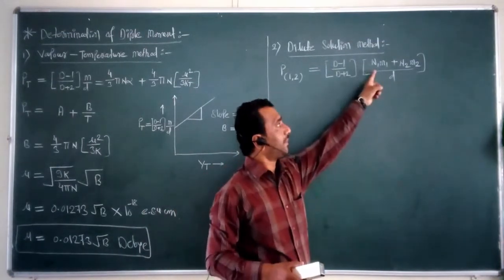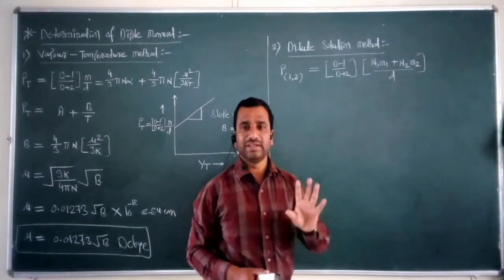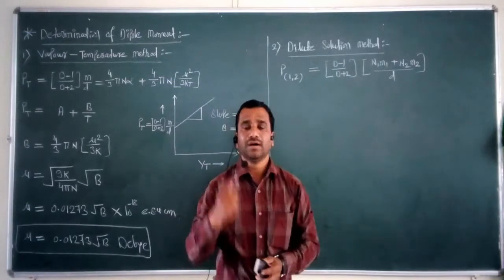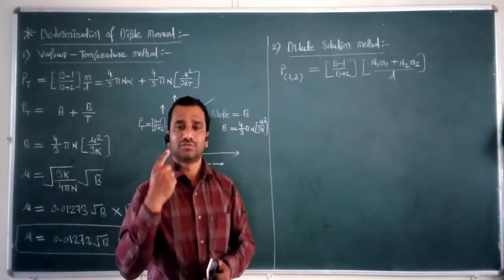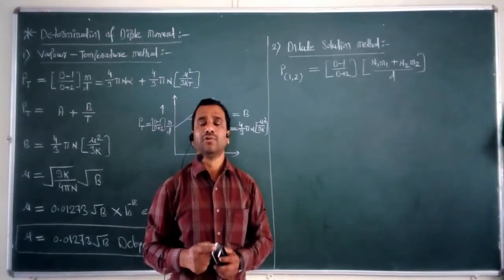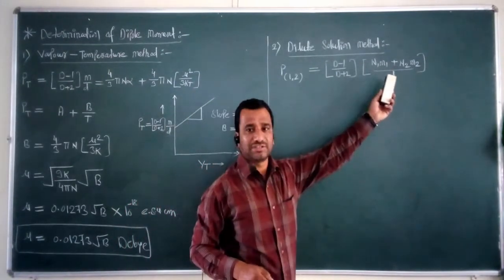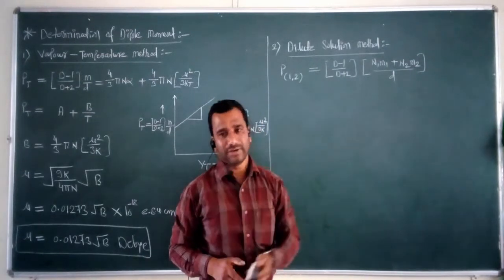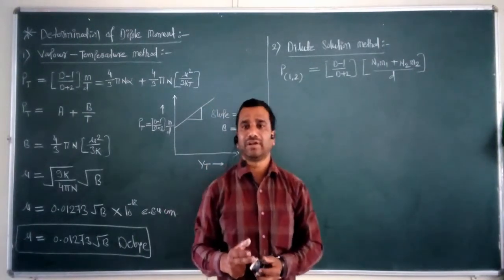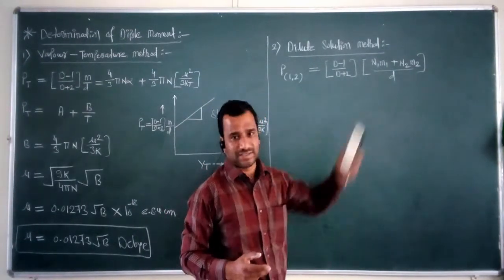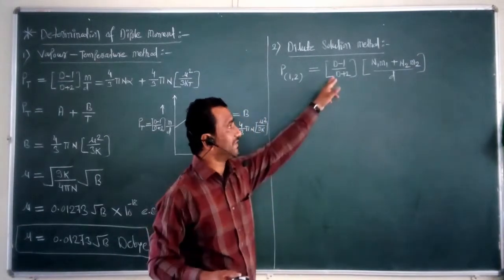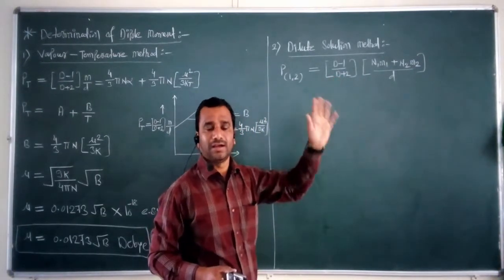The terms are N1 and N2. N1 stands for mole fraction of a solvent and N2 stands for mole fraction of a solute. After that, M1 is the molecular weight of a solvent and M2 is the molecular weight of the solute. D is the density of the solution. This D is again called the dielectric constant.